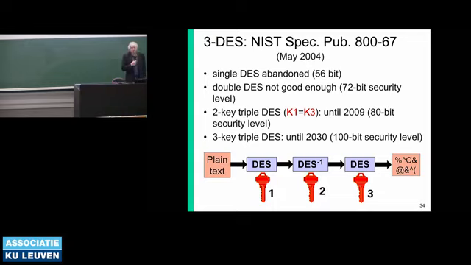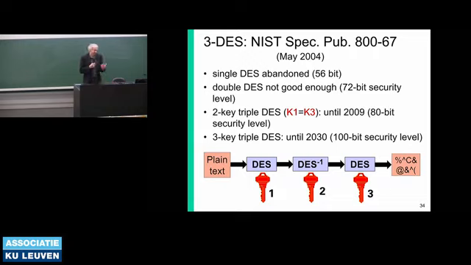And they said, well, if you use 2-key triple DES, that gives about 80-bit security, because there is an attack. It's a very tricky attack again. More or less, it says if you have 2 to the 40 known plain texts, which is a lot, if you know a terabyte of plain text, then you can reduce a key search to 2 to the 80.